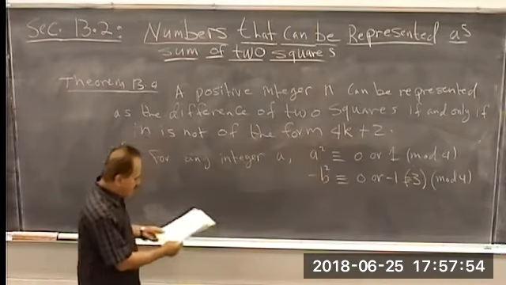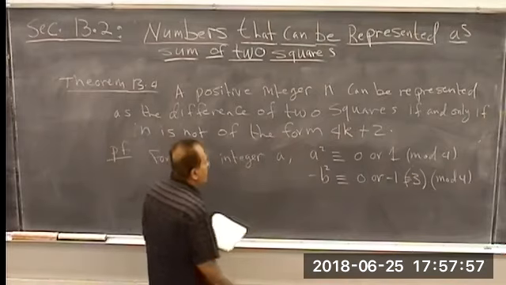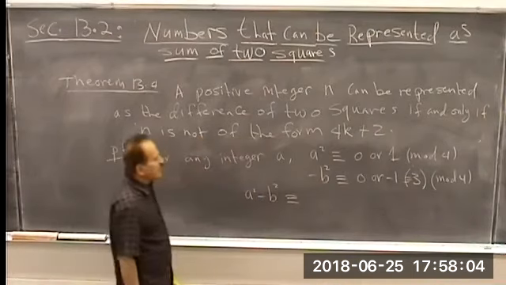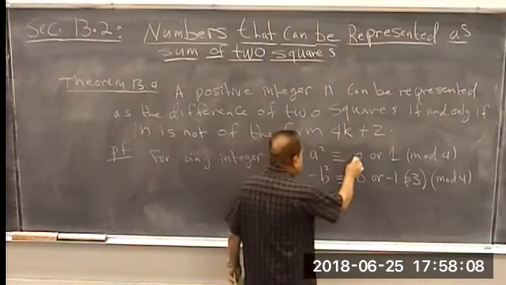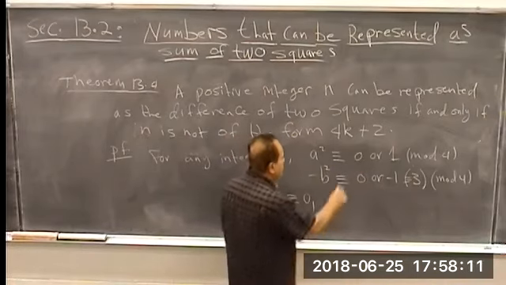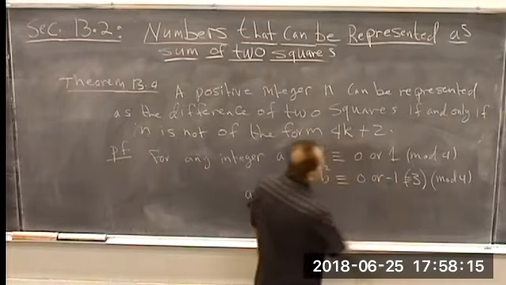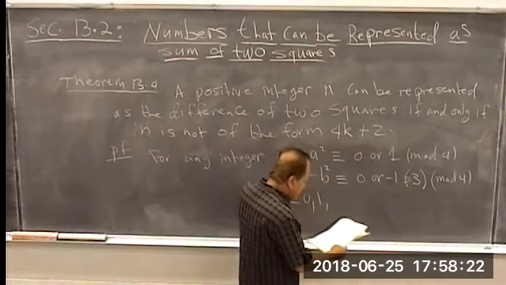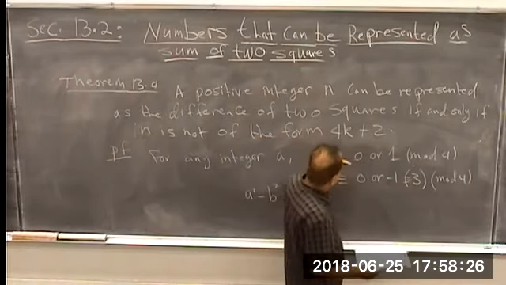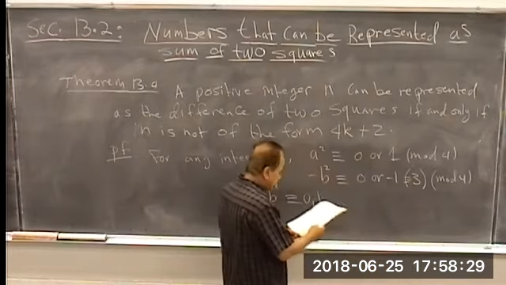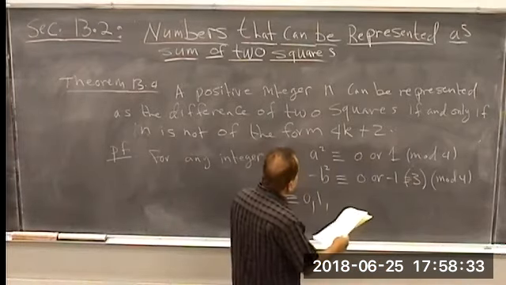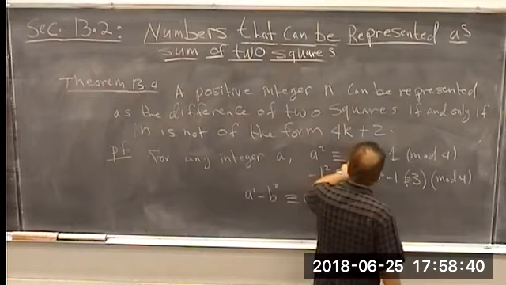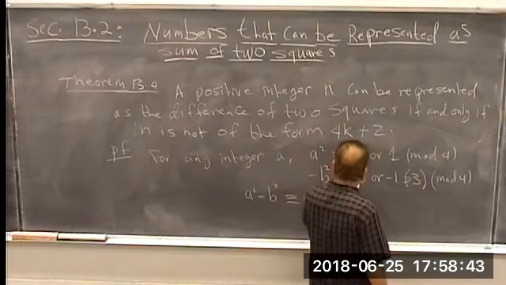So when I consider the possibilities of a squared minus b squared: if a squared is congruent to 0 and negative b squared is 0, we get 0.